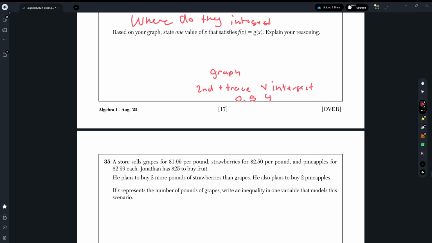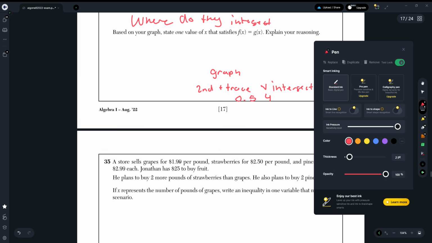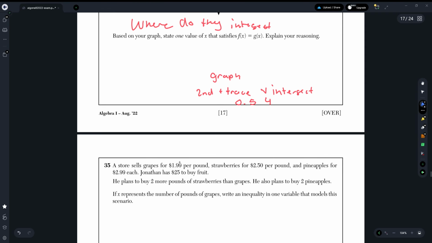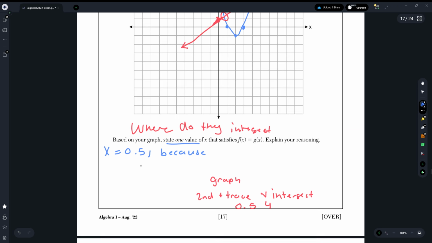And that's all you need to do. Next, all you need to do is just write those values down here. And it's saying one value, so I'm just going to go for 0.5. So I'm going to say x equals 0.5 because, and my reasoning is because the two graphs intersect at that point.